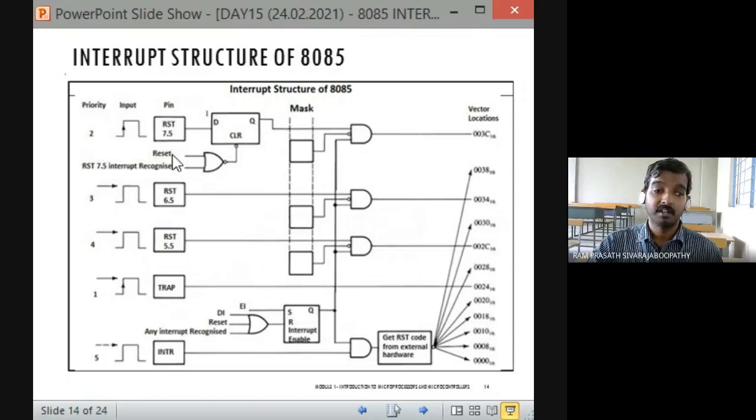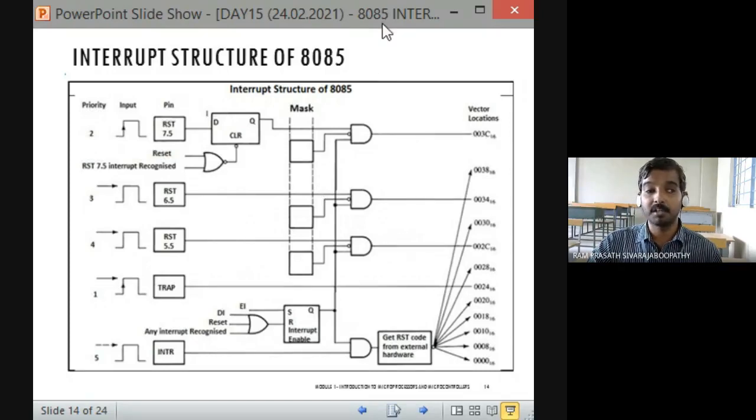Either by reset or when the RST 7.5 interrupt is recognized. It gets reset only under those two conditions. Whereas the EI flip flop will get reset either by DI instruction execution, or by reset operation, or if any interrupt is recognized. At that time, the interrupt enable flip flop will also get reset. Once it passes all these checks, the interrupt will be allowed.